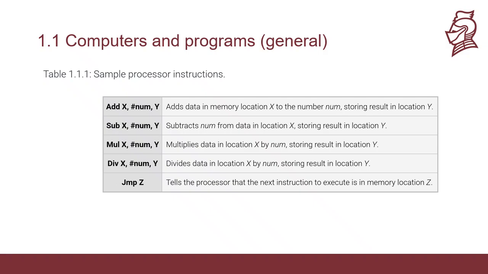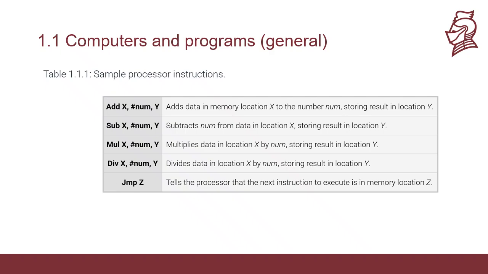Okay, so this is just an example. If you look at the chart of something called assembly language, you don't have to learn these instructions or anything. It's just to give you an idea of how the chip works. So the chip understands things like add and subtract and multiply and divide, or jump to a different instruction. That's the kind of thing that a processor understands.